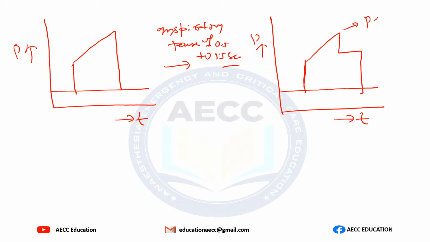This is the P peak pressure, also known as peak inspiratory pressure. This one is the P plateau pressure or alveolar pressure, and this is the baseline pressure.